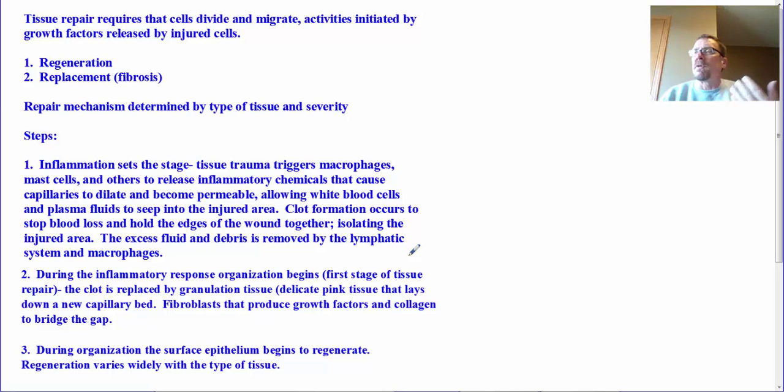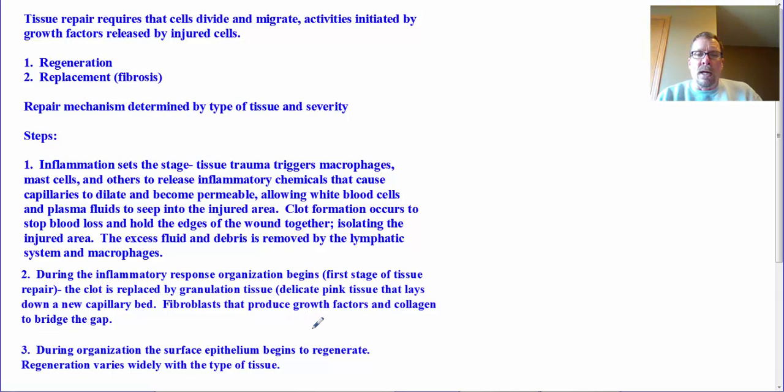Lymphatic cells and macrophages are there to clean up all the debris and to also take care of any pathogens that came in.